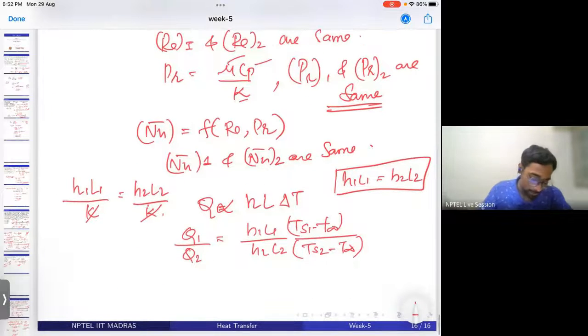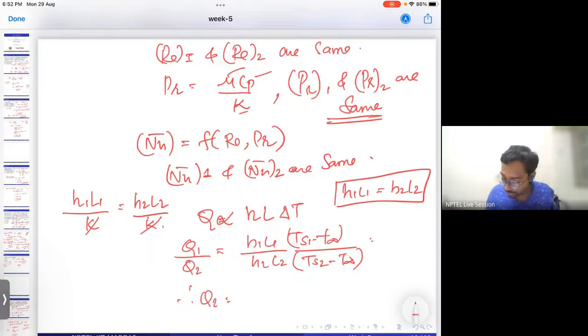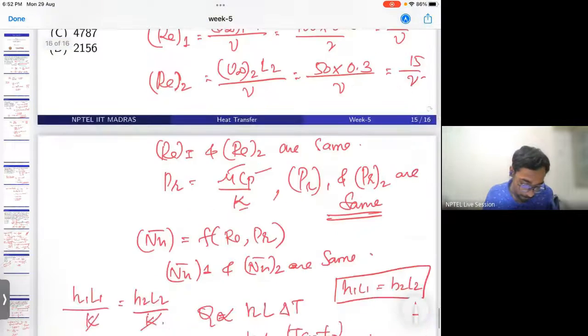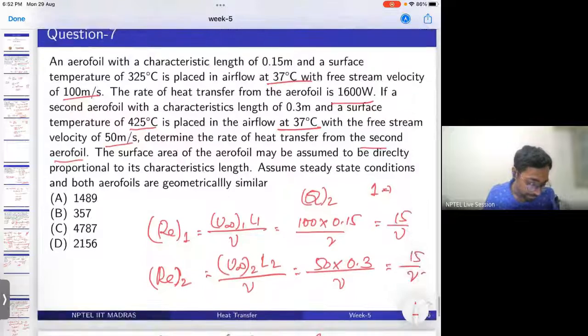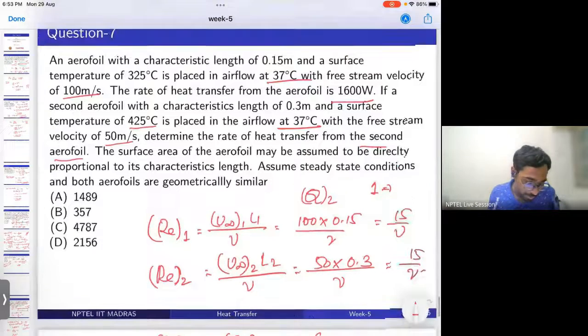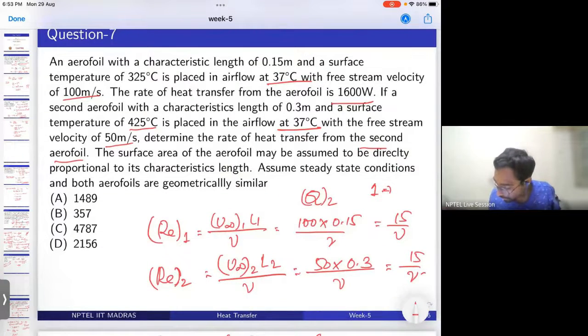We need to find out Q2, right? Everything is given, so we can just calculate. The surface temperature TS1 is 325, T infinity is 37, divided by, for the second case, 425 minus 37.